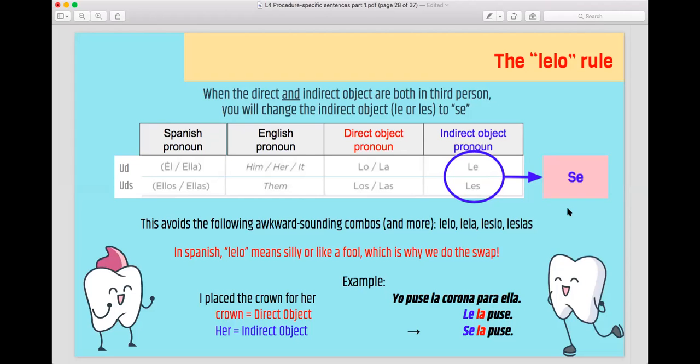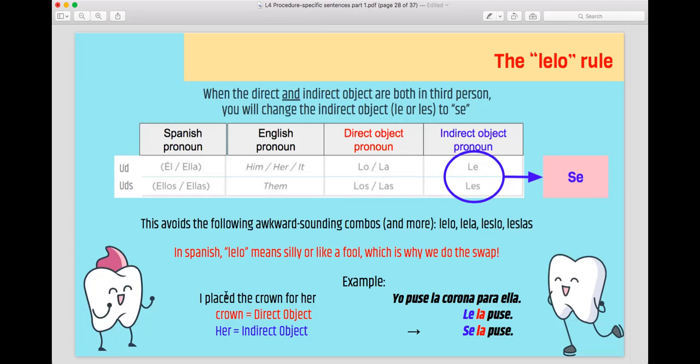So that's how I like to remember this rule. You don't want to sound like a fool. So you're going to change the le and les, the indirect object pronouns, to se. So now instead of having lelo or lela or les, los, les, la, anything, these both just get changed to se. So it'd be celo, cela, celos, and celas.